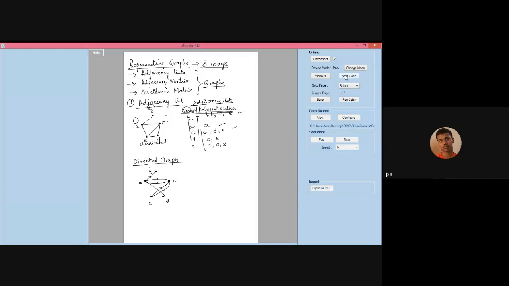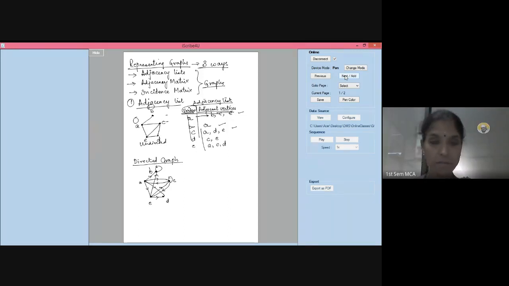This is a directed graph, so we'll have arrows, directions. Okay, this is the graph that I am considering. This is a directed graph.